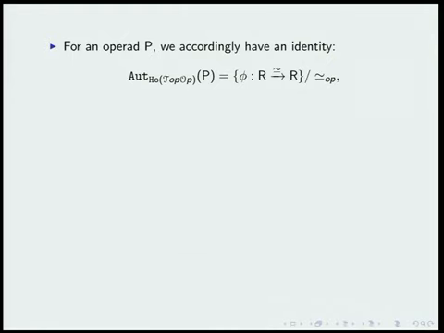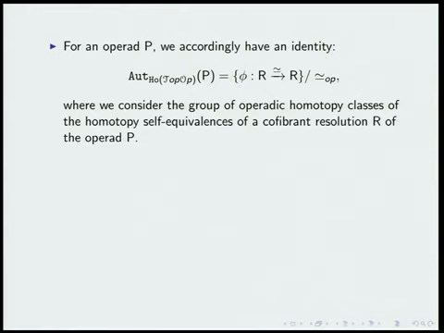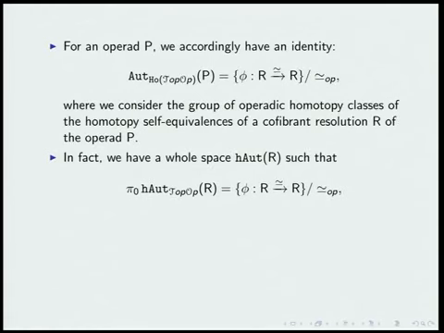If I want to compute the set of homotopy automorphisms of an operad P, I have first to pick a cofibrant resolution R of P, and this set of homotopy automorphisms can be identified with a set of homotopy classes, with respect to the homotopy relation, of self-homotopy equivalences of R. And you can check that this object is a homotopy invariant of R as a group.